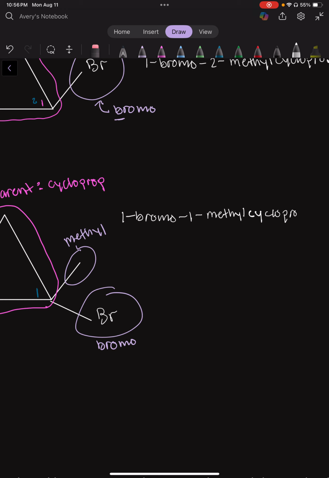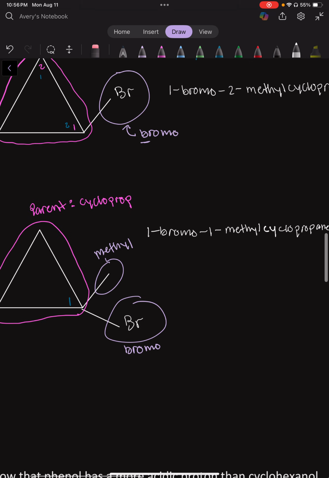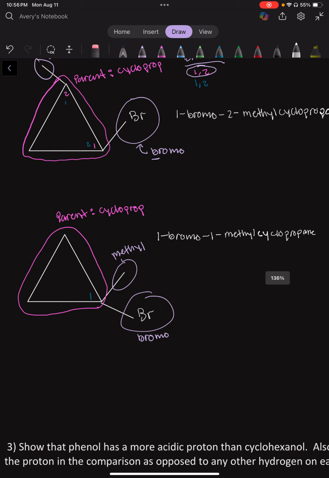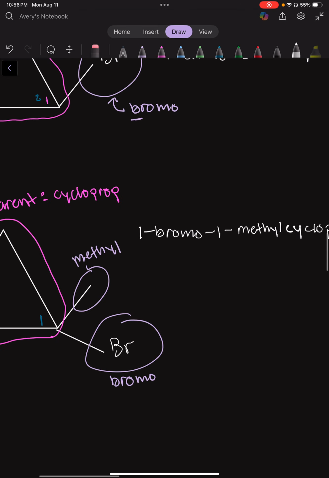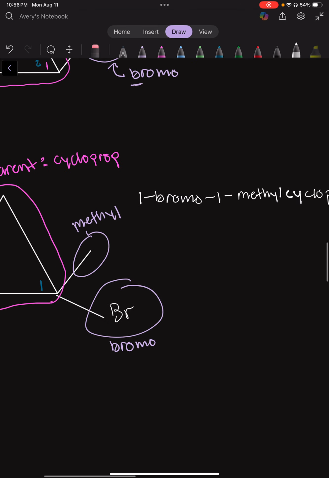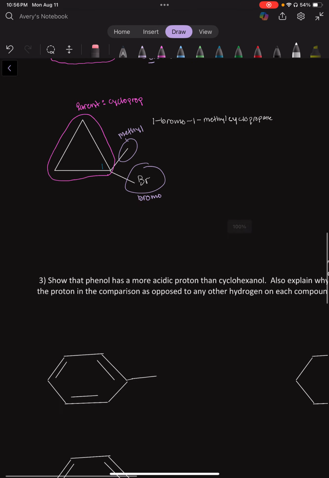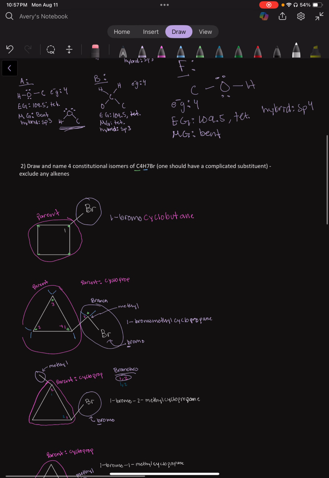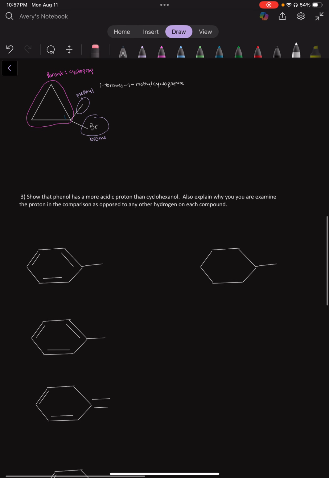Again, because we have propane, we have no functional groups attached to this. And the bromo comes first before the methyl because b comes before m in the alphabet. We go by alphabetical order since the branch numbers are the same. So that wraps up question number 2.